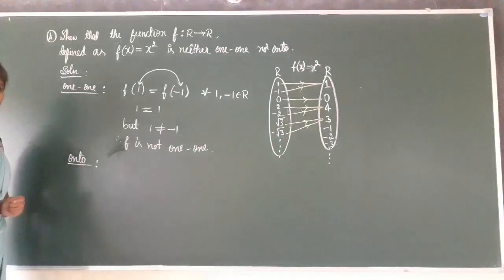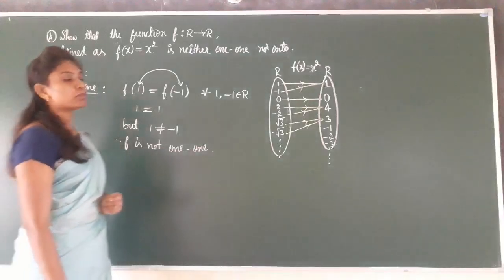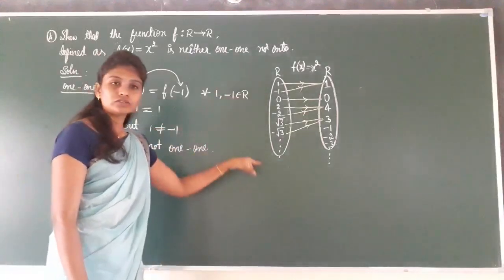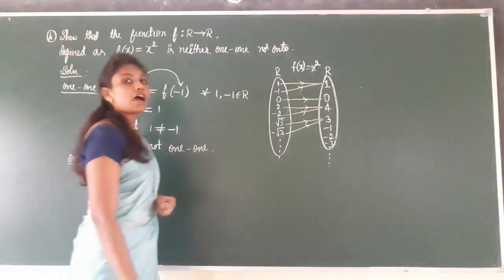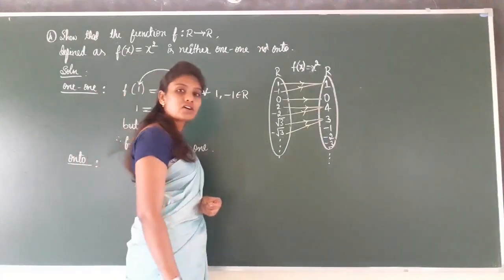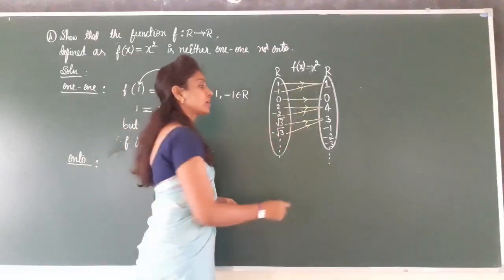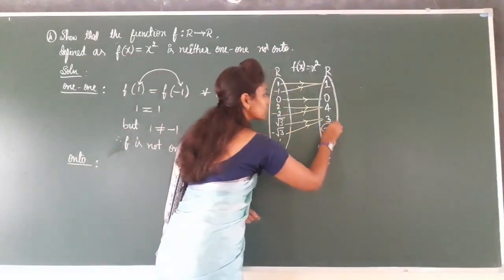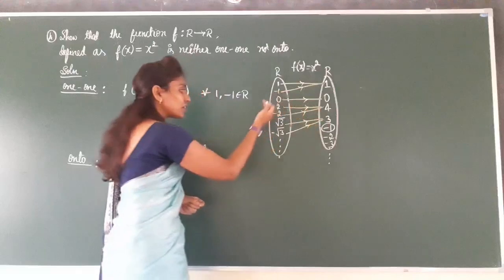Now move on to the onto function. For proving that this is not an onto function, I am taking an element that is not the image of any element. I am taking the element minus 1. Minus 1 is not the image of any element.